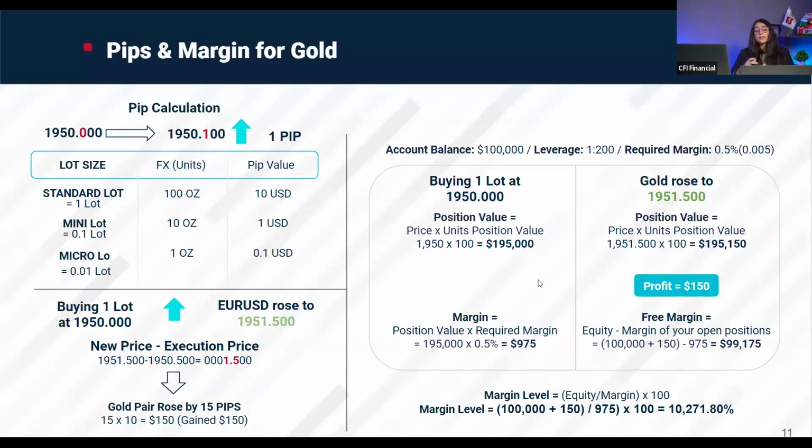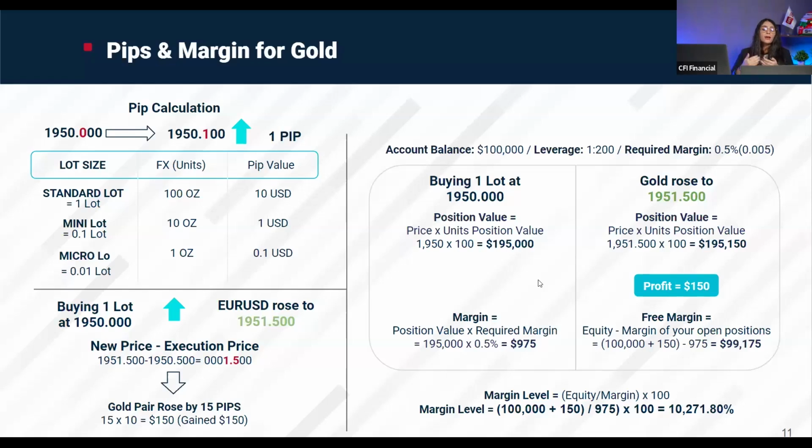Let's say the price of gold now rose to 1,951.500. To calculate how much you have profited or lost, like I said before, there are two ways. You can either do it through the pip calculation, which you just saw on the left side, or you can find the position value of both the new price and the price that you entered.